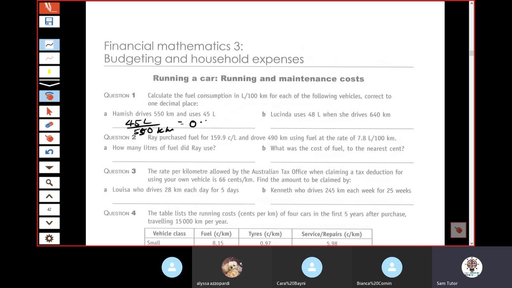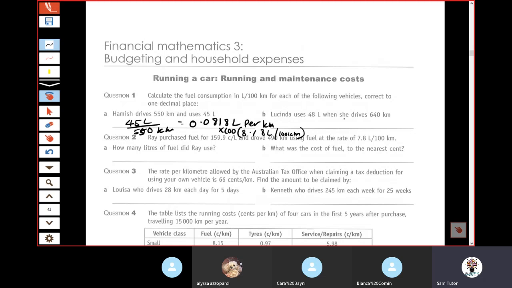So it becomes 0.0818 liters per kilometer. Of course, if you wanted per 100 kilometers, just times by 100. So it's about 8.18 liters per 100 kilometers. Does that make sense?